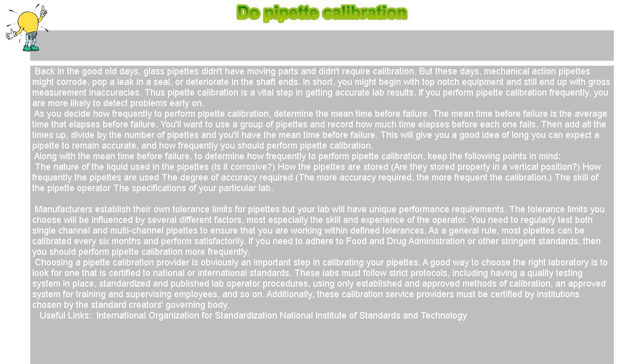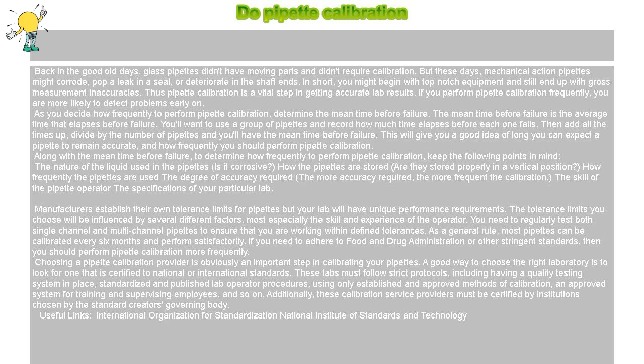If you perform pipette calibration frequently, you are more likely to detect problems early on. As you decide how frequently to perform pipette calibration, determine the mean time before failure.